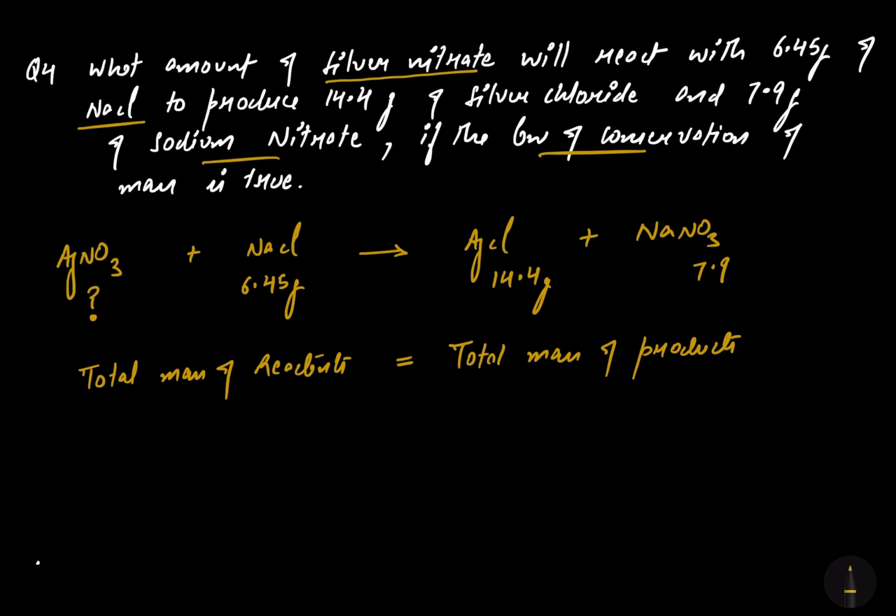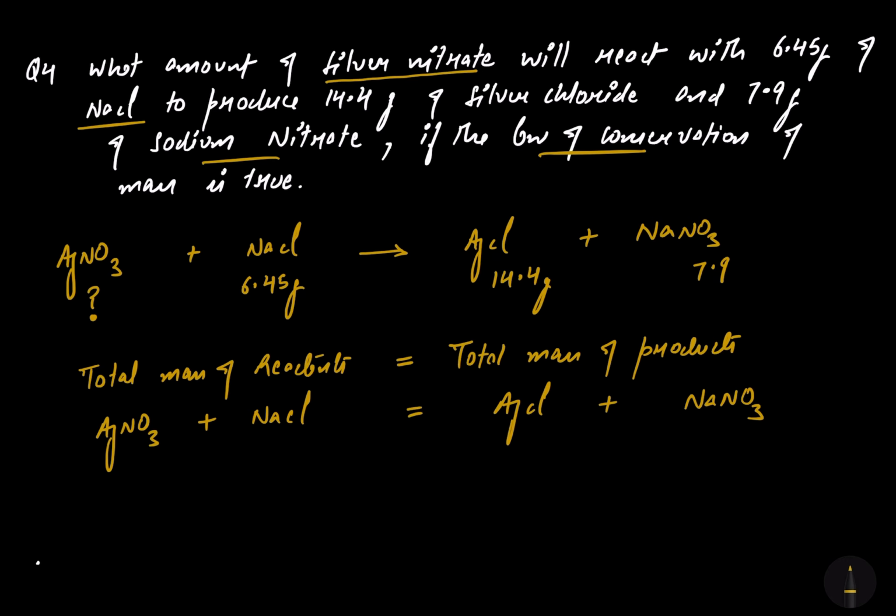The total mass of reactants is the mass of AgNO3 plus the mass of NaCl, which must be equal to the mass of products, that is the mass of AgCl plus the mass of NaNO3.